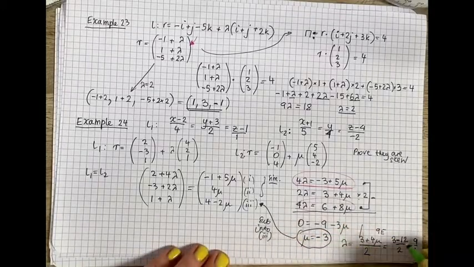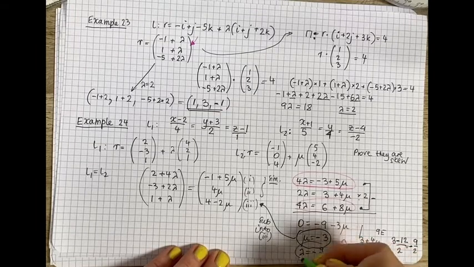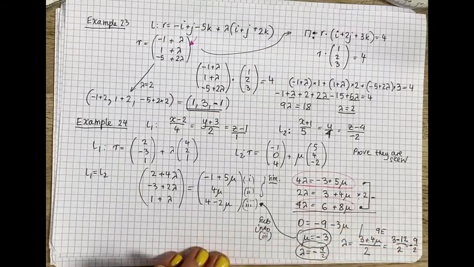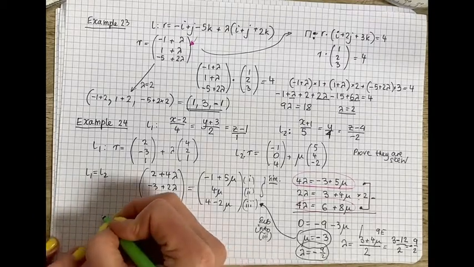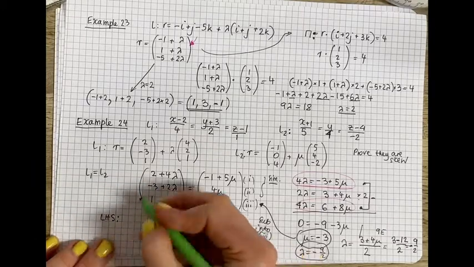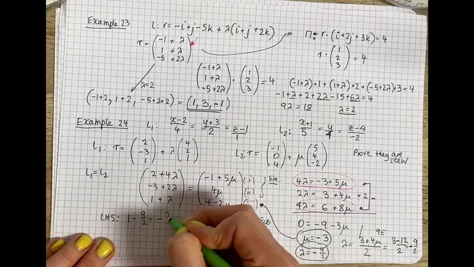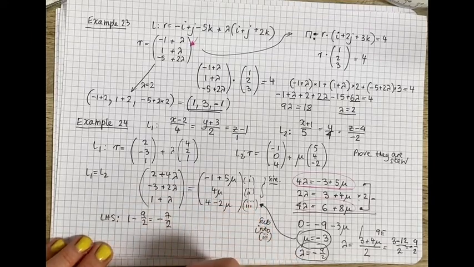So let's put these two into our third equation. So on the left hand side, I'll have 1 plus minus 9 over 2, which is minus 7 over 2.